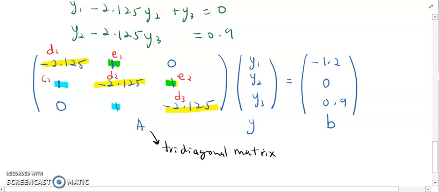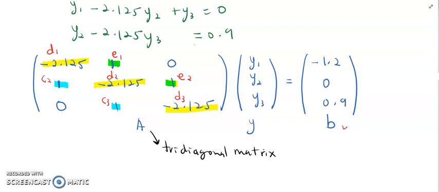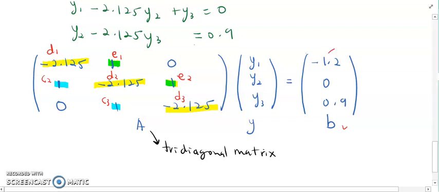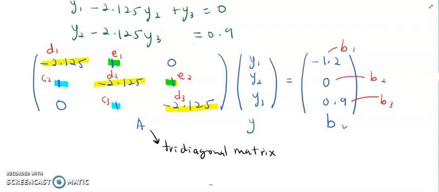So this is C2 and this is C3. And for the vector B, these are our B terms: B1, B2, and B3.